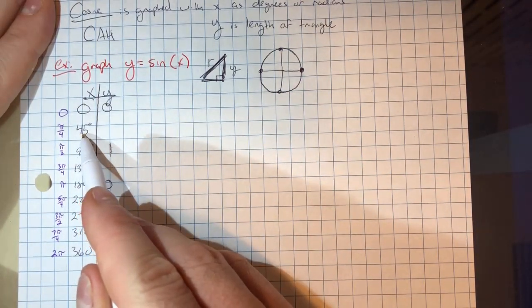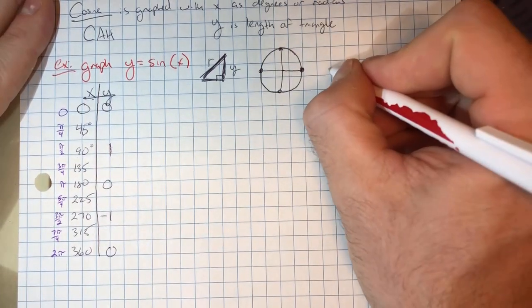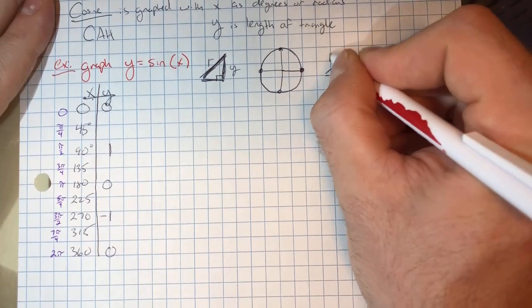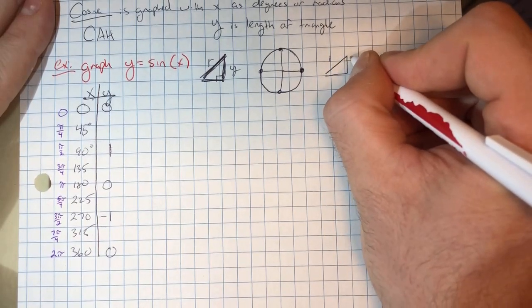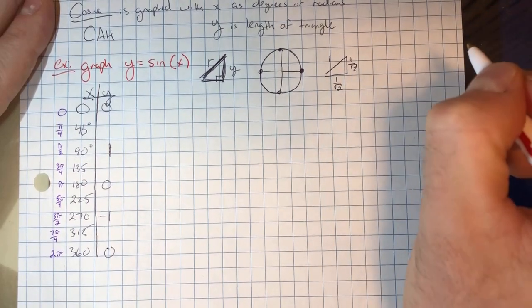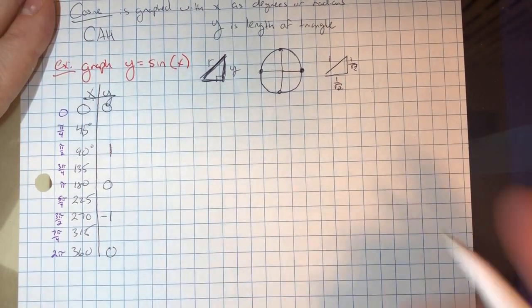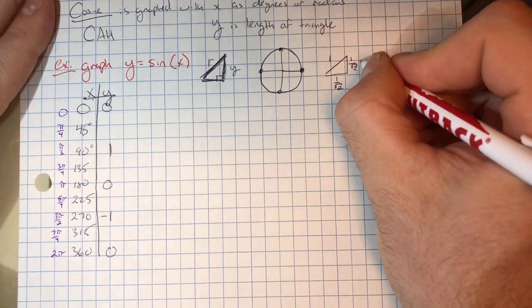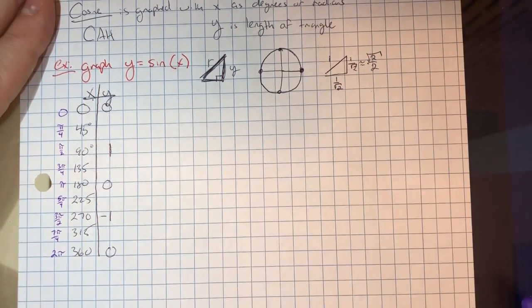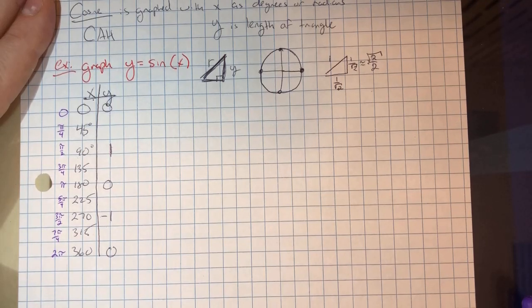And the y value here, if we remember our 45-45-90 triangle, with a radius of 1, I believe that was 1 over the square root of 2. Or if we were to write that in a more proper form, that would be the square root of 2 over 2. However, to make our lives a little easier, we're going to plug that in as a decimal.